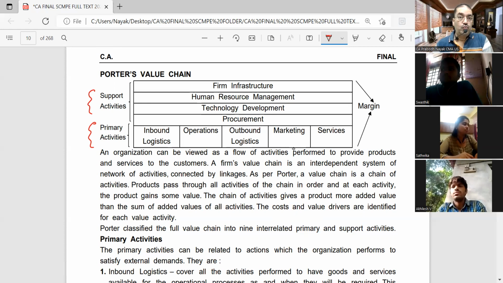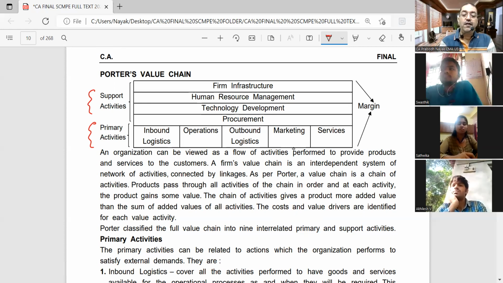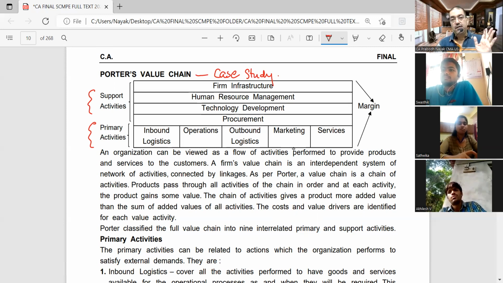Now you have to know, very important, because this comes as a case study. This is a very, very important question for case study. 20 marks are there on this particular Porter's value chain analysis. And if you don't study and it comes in the examination, God help.